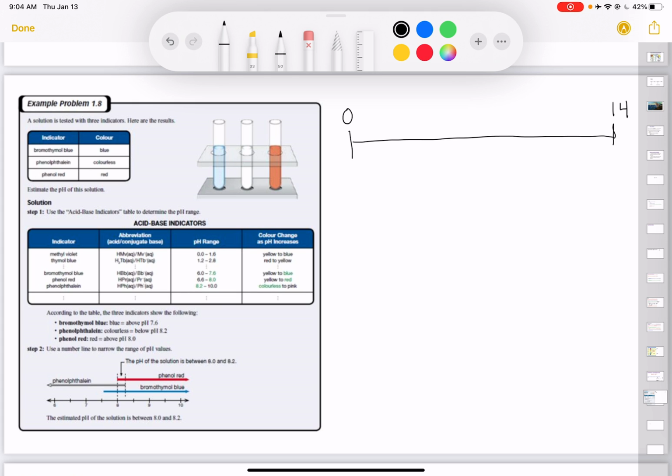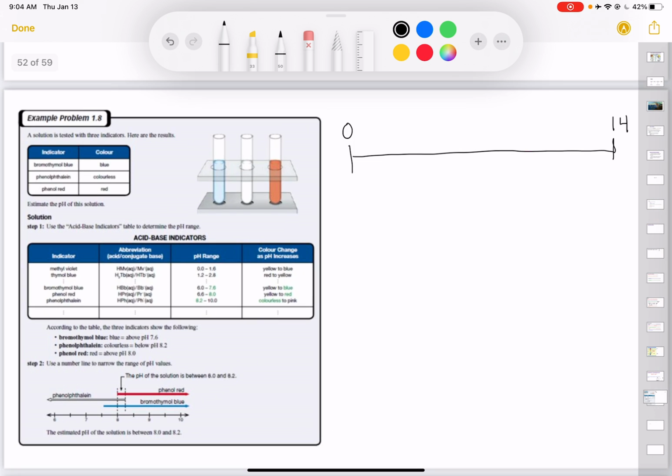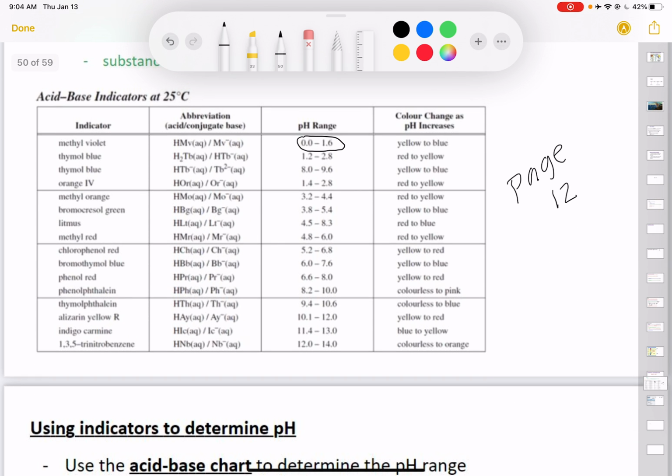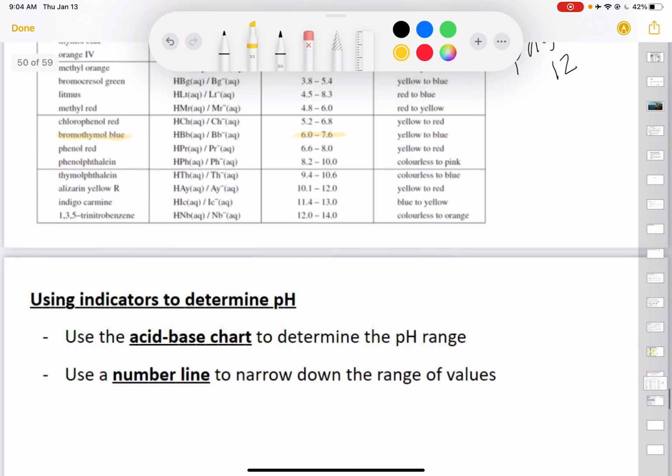So our first indicator is bromothymol blue. We're going to go back to this page and look for bromothymol blue. It is right here, okay? Bromothymol blue detects between the 6 and 7.6 range, okay?